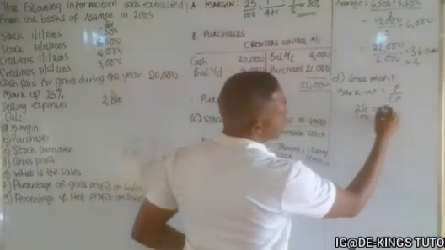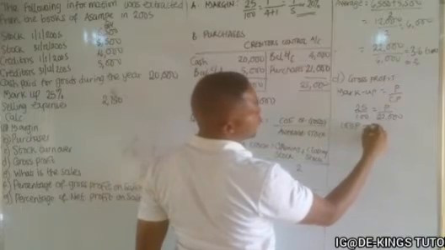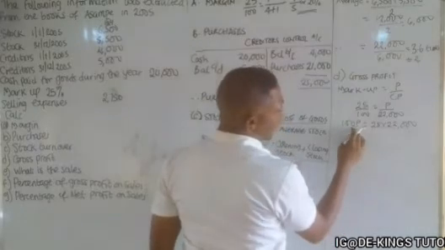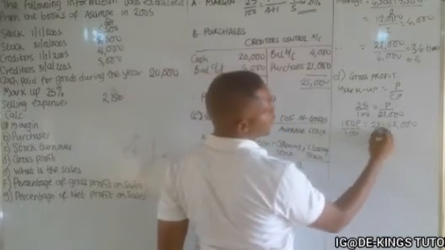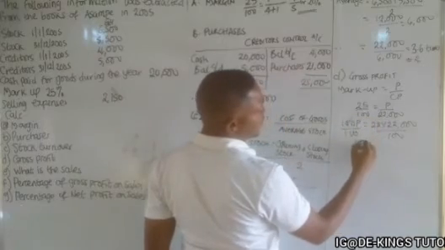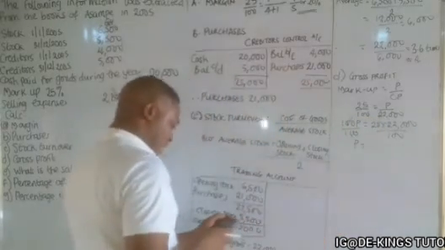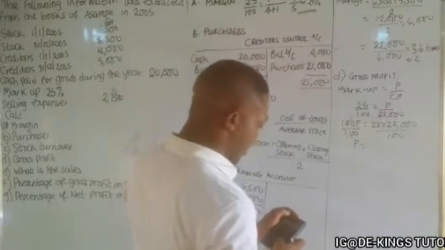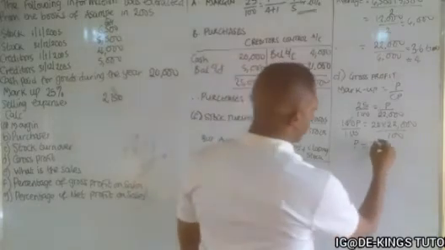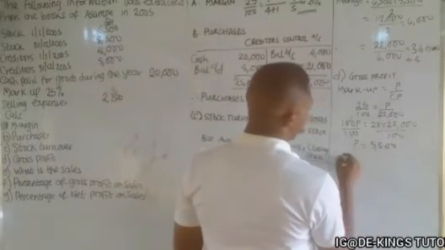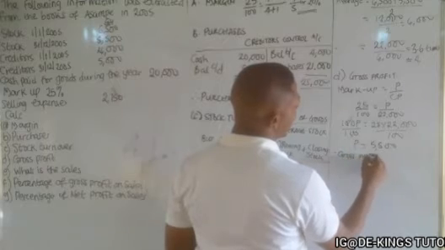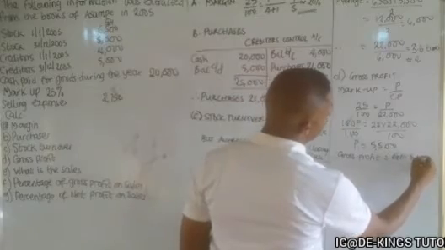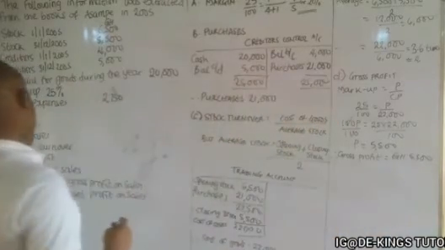So you cross multiply: 100p equals 25 times 22,000. To get p, the gross profit, we divide both sides by 100. So p equals 550,000 divided by 100, which gives us 5,500. Therefore, my gross profit is 5,500 Ghana cedis.